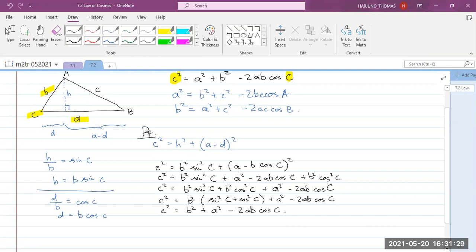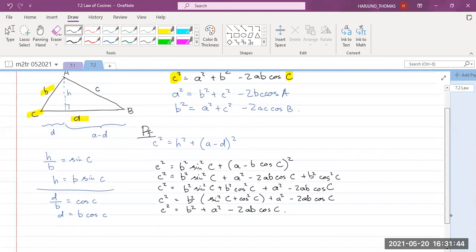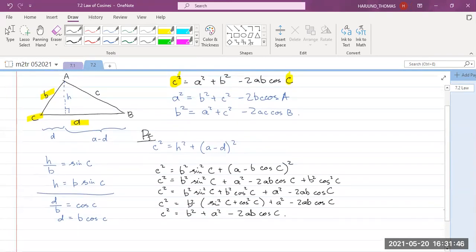Now, the weakness of this proof is that the angle C is acute, even though if you think about it, and you make the angle C obtuse, it actually works the same way.